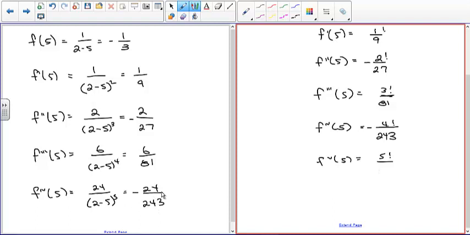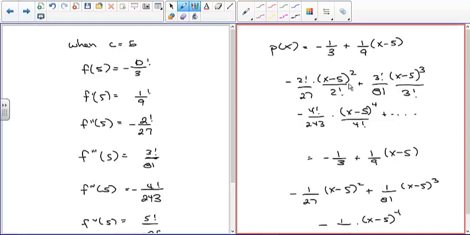Let me get my calculator out. 3 times 243. 729 maybe? Let's try that. I don't think that's right. 243 times 3, 729. So it is 729. Okay. So those are the values of the derivative at x equals 5.